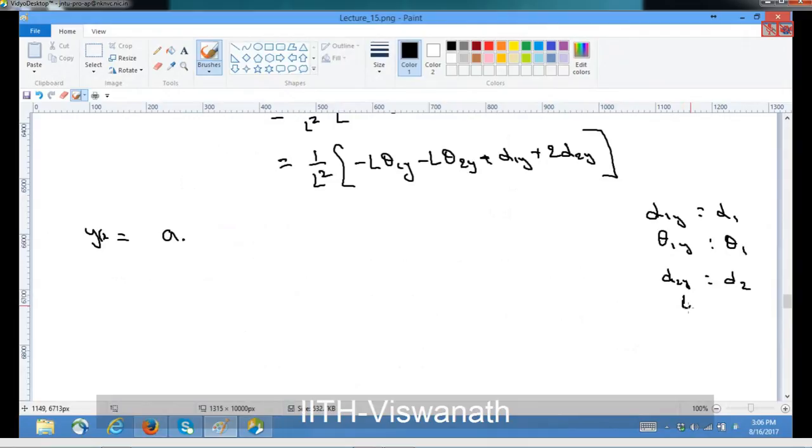So I can rewrite this as a1 x cube plus a2 x square plus a3 x plus a4. We determined a3, a4 as theta 1 x plus d1. Since I'm resubstituting these in this manner, this is my y of x.